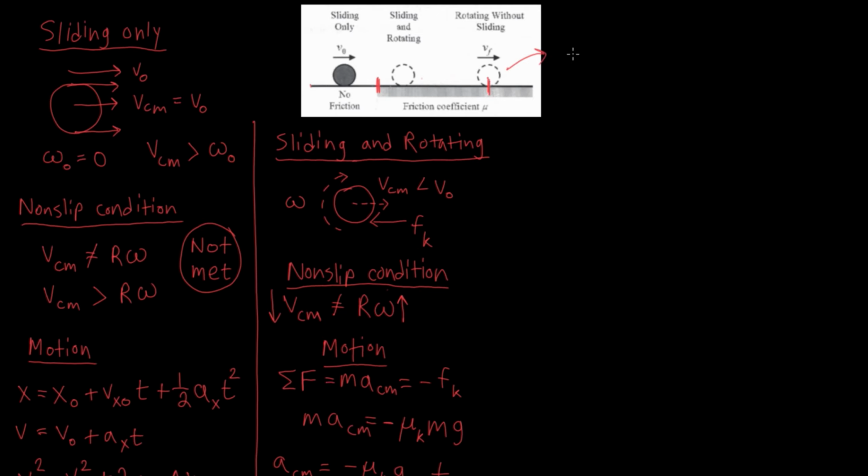Now let's analyze the motion for an object that is rotating without sliding. For an object that rotates without sliding, we know that this condition right here, the non-slip condition, has to be satisfied.